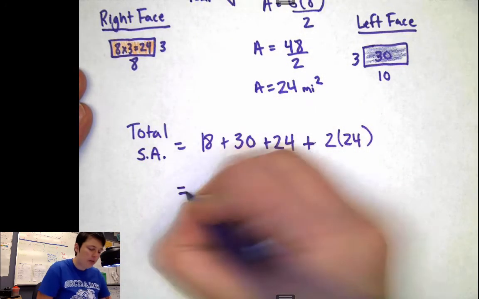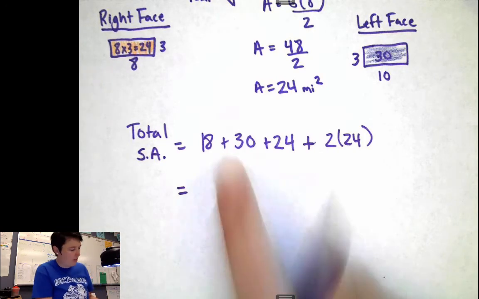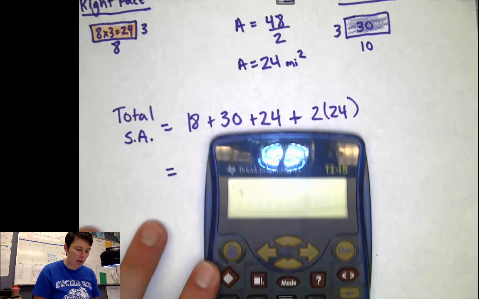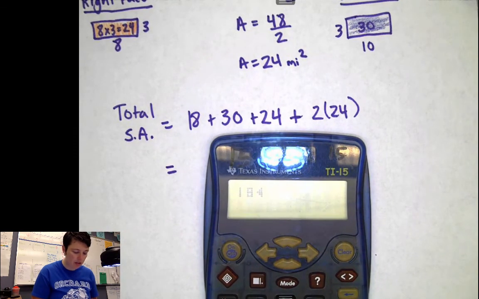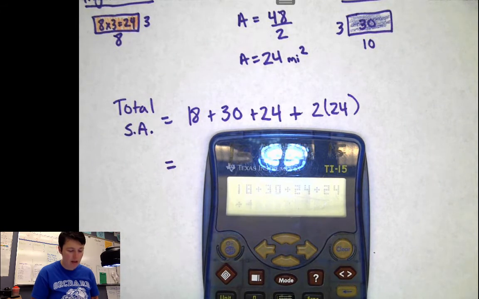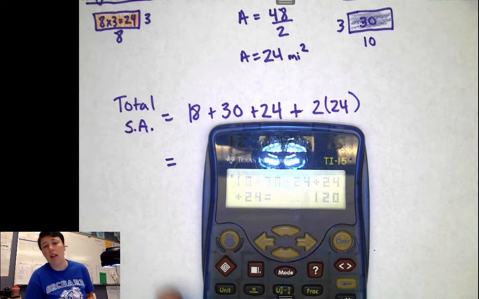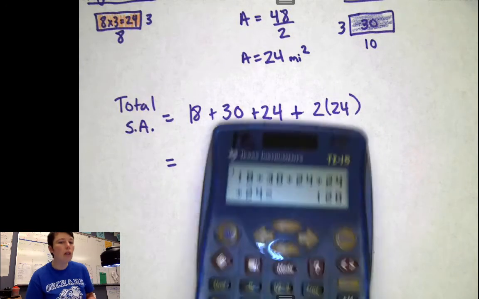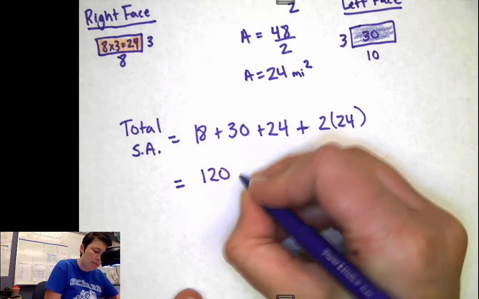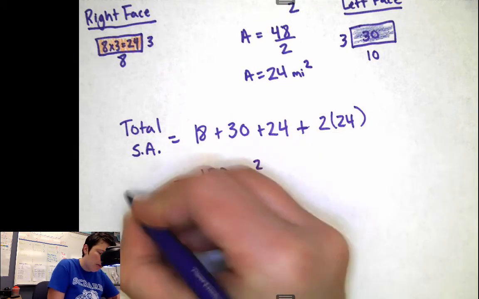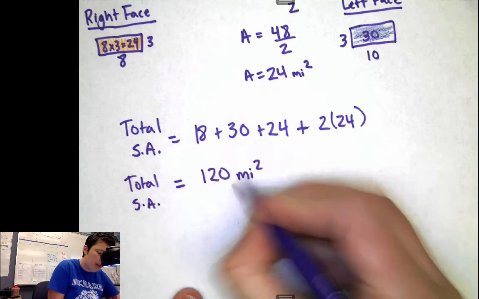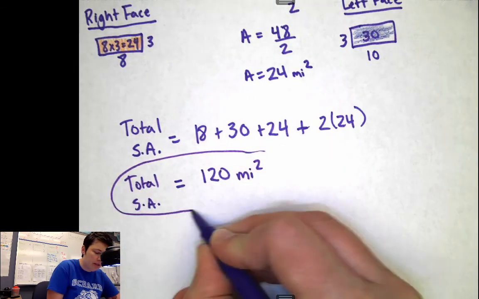So total surface area equals 18 plus 30 plus 24 plus 2 more 24s adds up to a grand total of 120. So our total surface area is 120, and we're going to say square miles, miles squared. I'm going to write over here total surface area, and that is our answer that I'm going to circle.